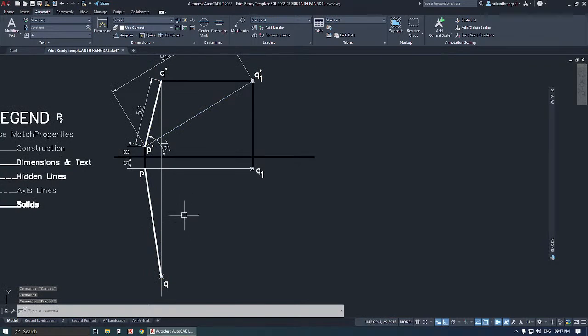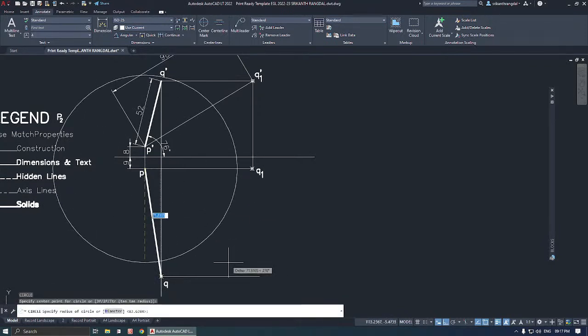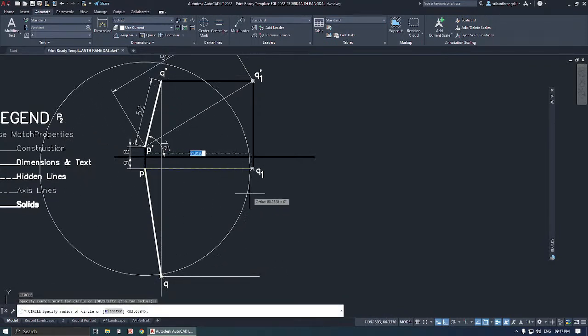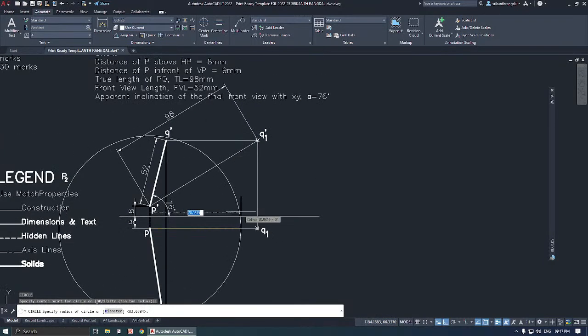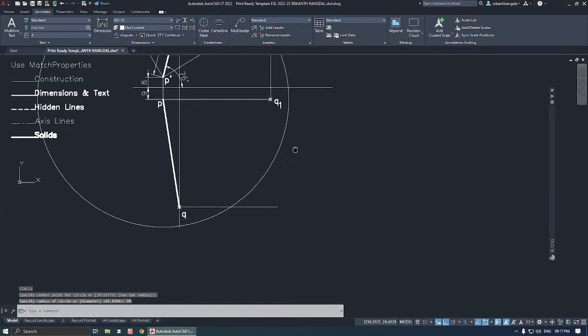Now finally, if you want to find the actual inclination with VP, you have to take a locus from here. On this locus, what will we get? We will get the true length. What is the true length? Again, it is 98. So this is where it is intersecting. What is this point? Anyone?